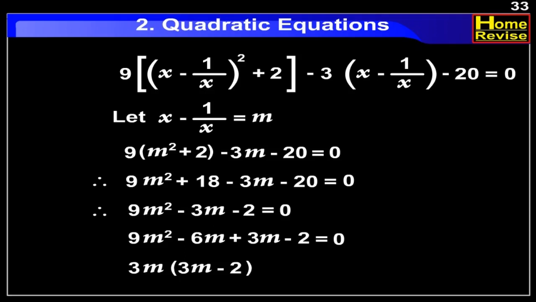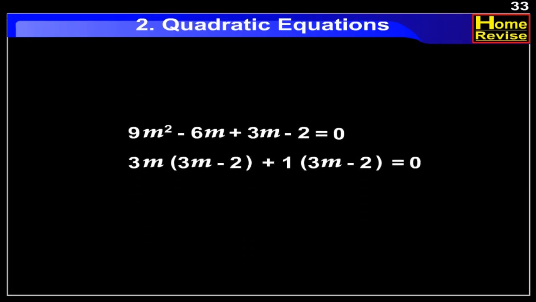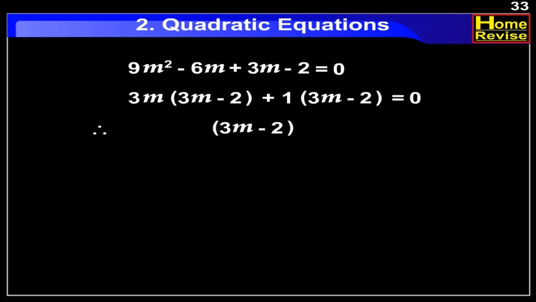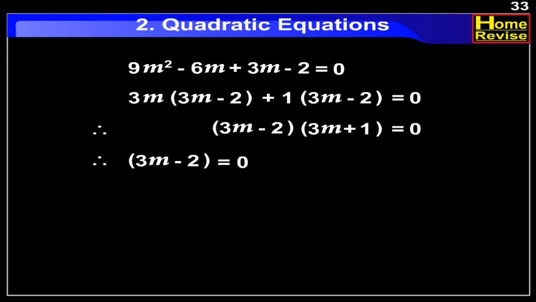And taking out plus 1 common from the next two terms, we have +1(3m − 2) = 0. Therefore, (3m − 2)(3m + 1) = 0. Therefore, 3m − 2 = 0 or 3m + 1 = 0.